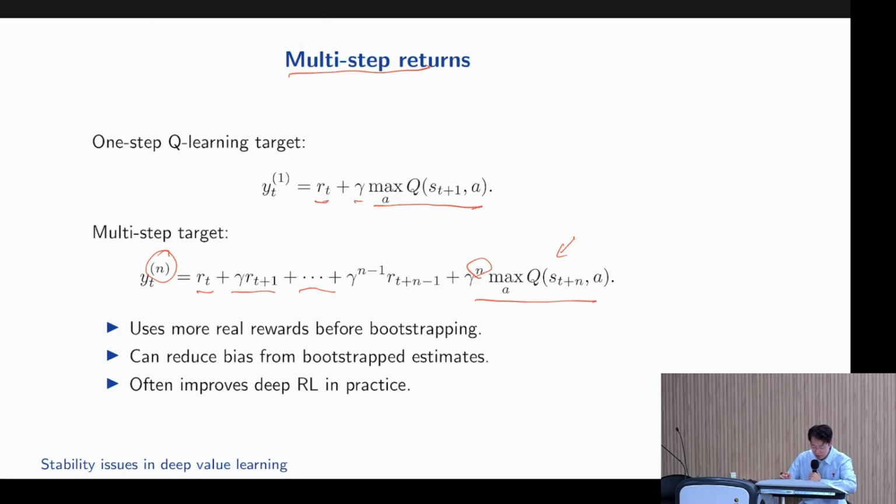So you could use this for the Q learning target. It's known to reduce bias from the bootstrapped estimates. And in practice, sometimes you cannot do this, but if you can, then it helps reduce bias. But you cannot always do this, especially if you use a replay buffer.